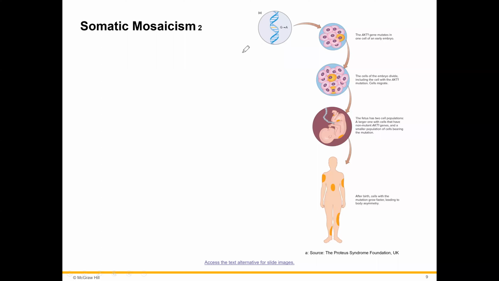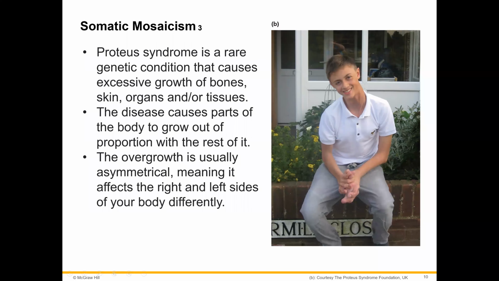It happens after fertilization, right? So it was not an egg, it was not a sperm that was carrying this mutation, but during embryonic development, some cells developed the mutation, then they migrated to a different part of the body and they promoted the growth of this part of the body. And that's what somatic mosaicism is.